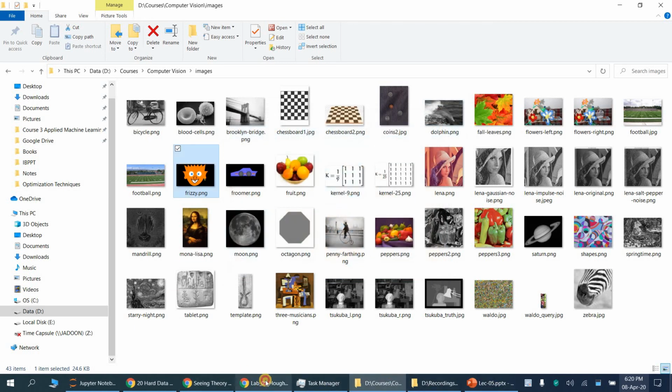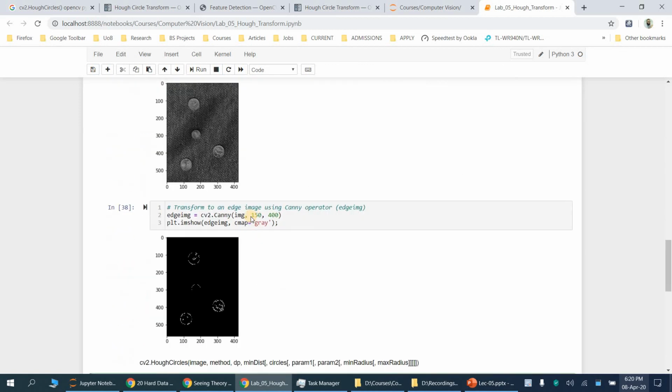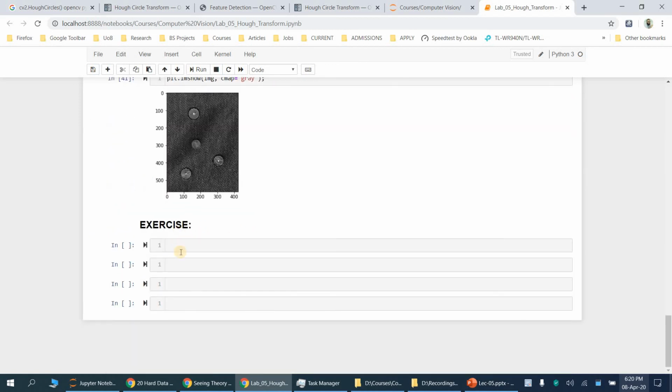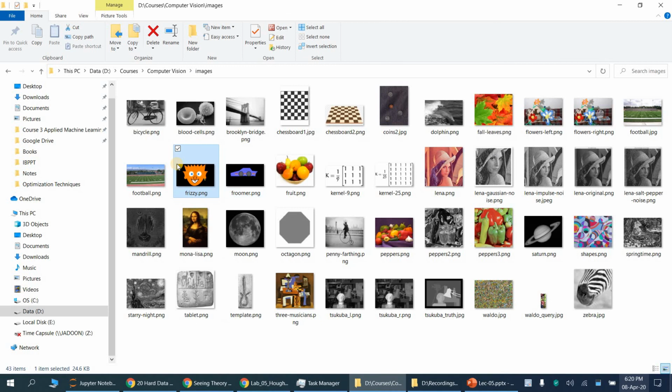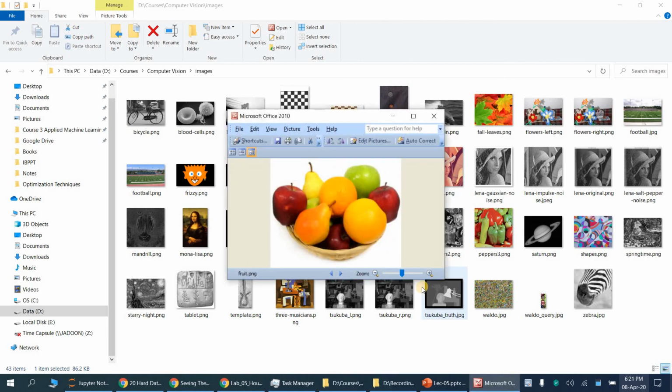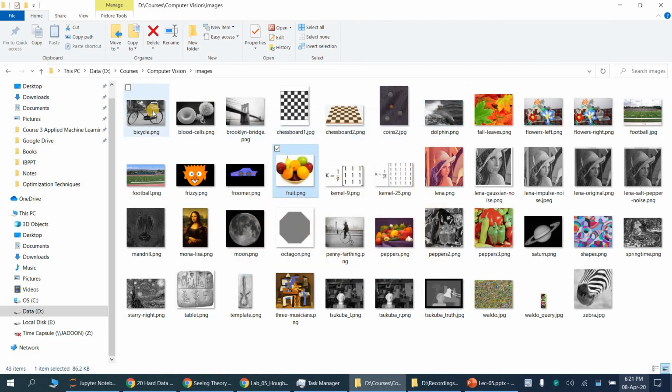You have to do this work. I will check it after our vacations. You have to do it in the exercise area, this Frizzy. And the second work that you have to do is, for example, also try this one, bicycle. Or maybe fruit. Fruit is not a circle, no. Bicycle. So try the bicycle also. Frizzy and bicycle for the circle.